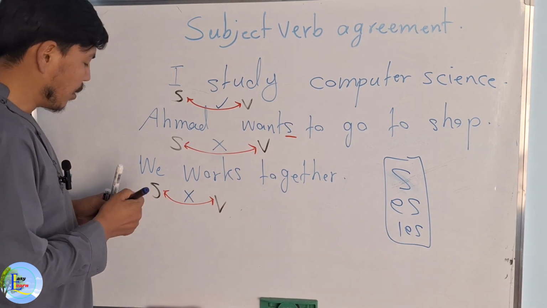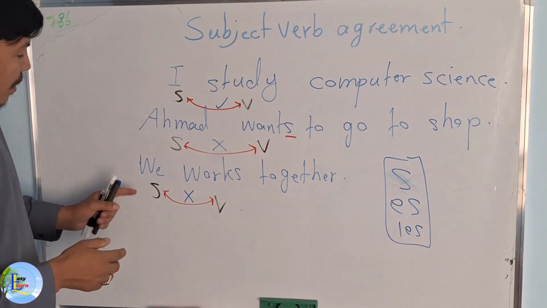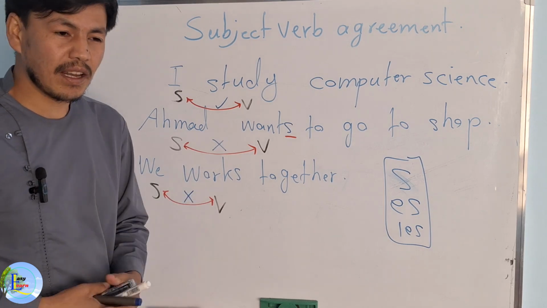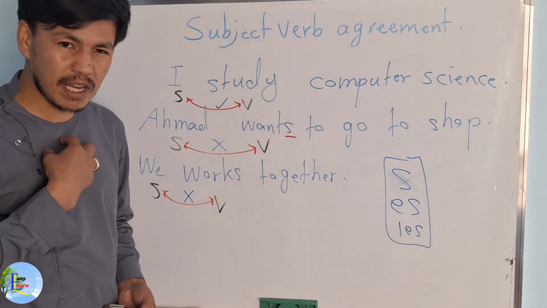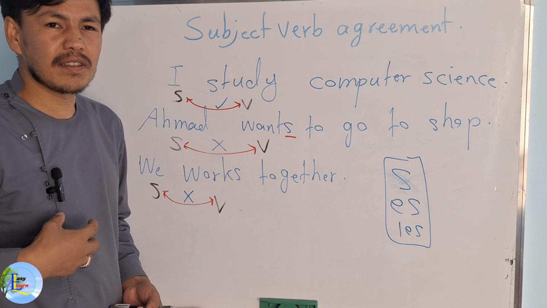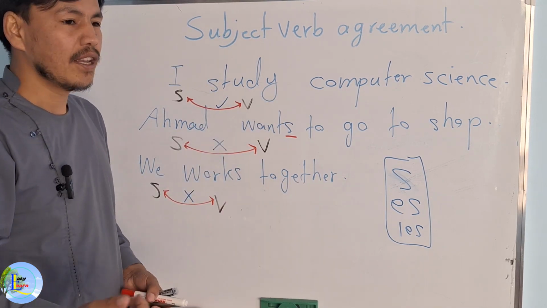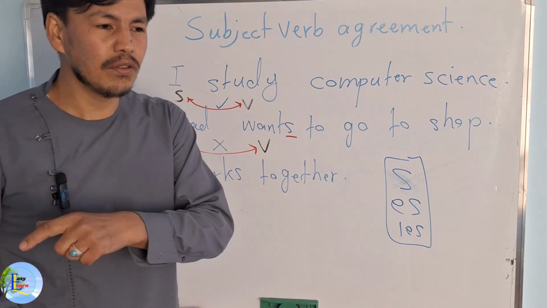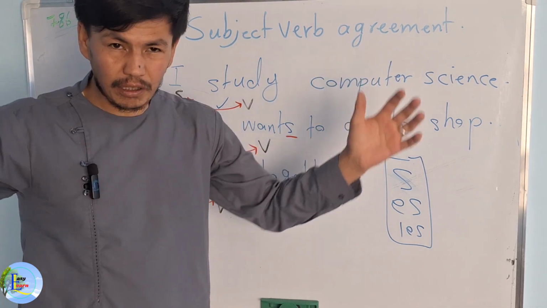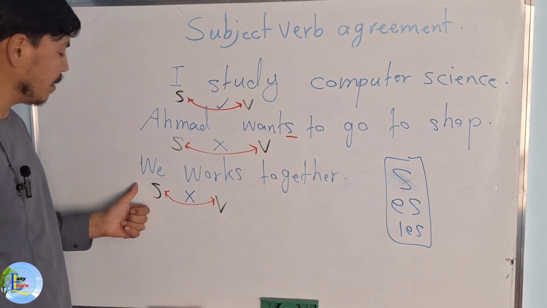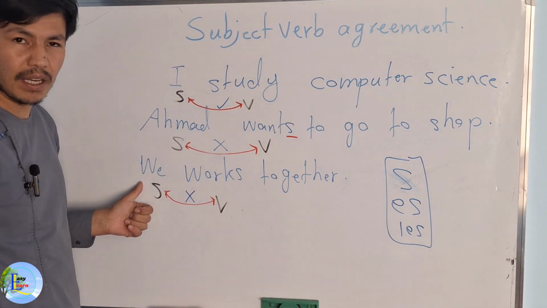Why? Because the subject we is not one person. I cannot say to myself we, or I cannot say to that person we, or you cannot say to yourself we. So I, you, he and she, all together will become we. Because of that, we is plural.